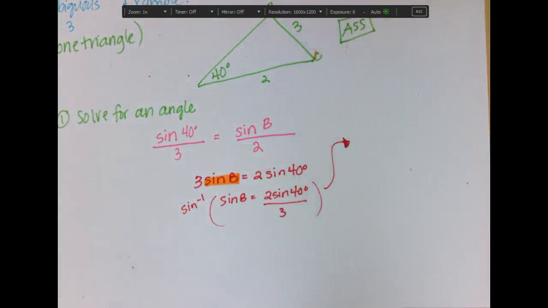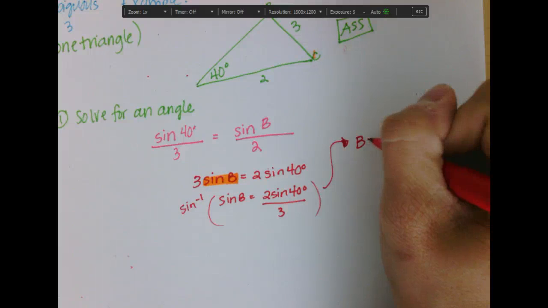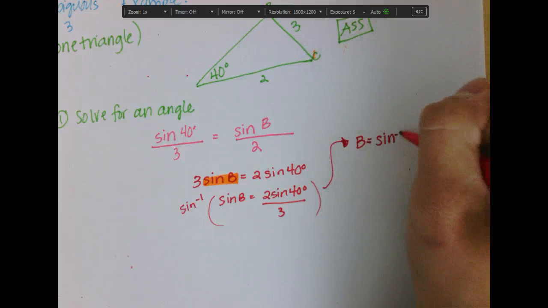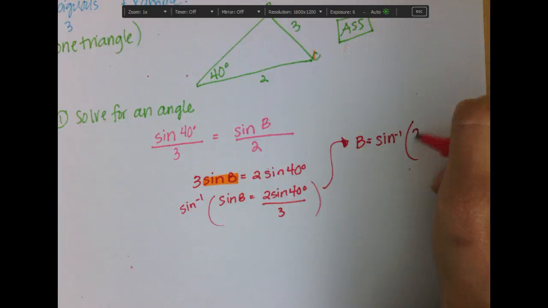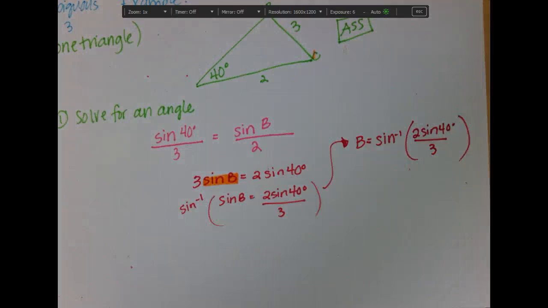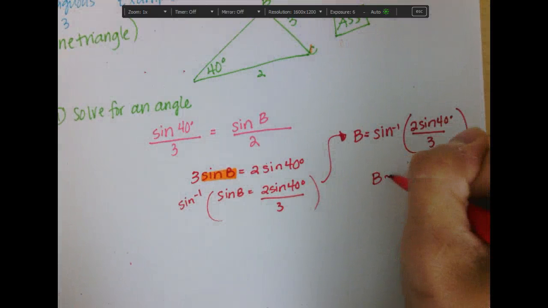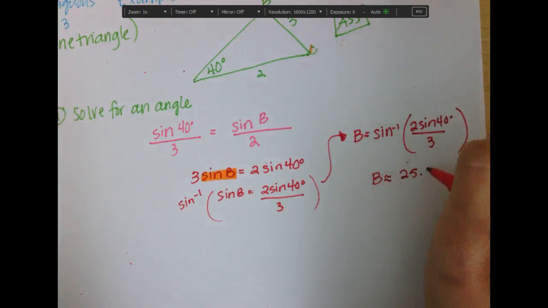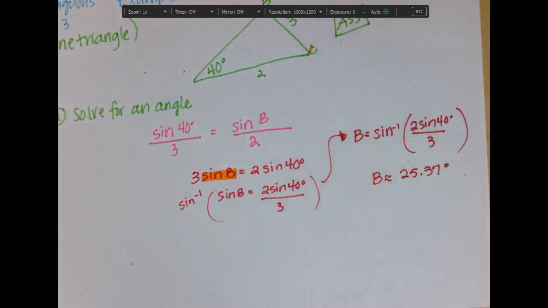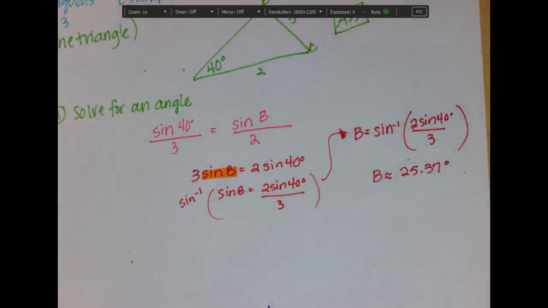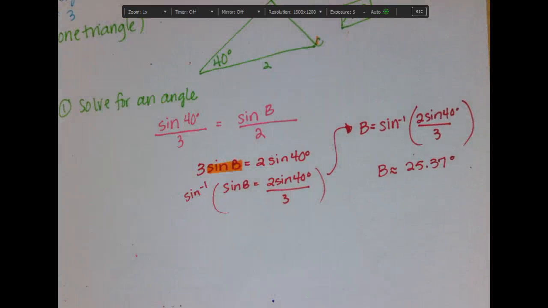So B is the inverse sine of 2 sine 40 degrees over 3. Using my calculator, I get B is approximately equal to 25.37 degrees. So that's one possible angle for that triangle.